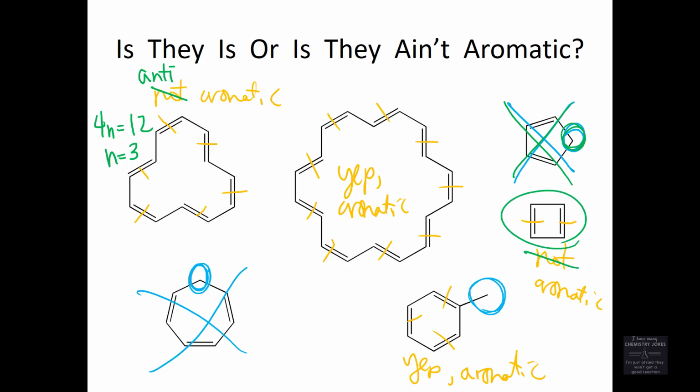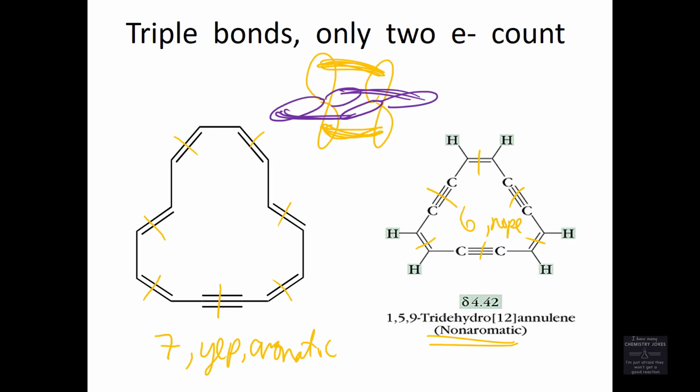We've already talked about this guy is anti, and we've already said that that sp3 carbon in this bottom example doesn't qualify. Okay. We said the one on the left is aromatic. We said the one on the right is not aromatic. But really, we should have called it anti-aromatic. You don't see a ton of stuff about anti-aromatic beyond this first introduction to it.